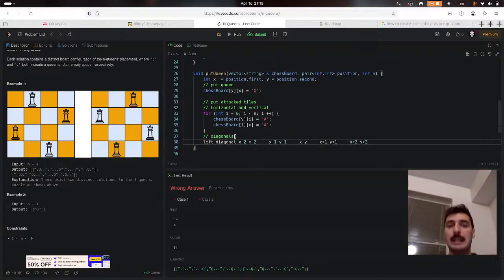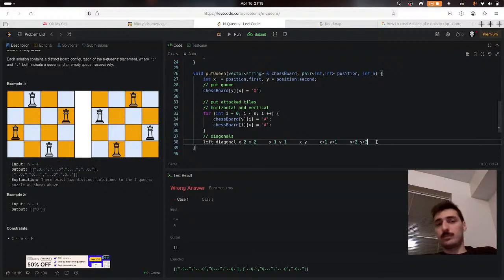All right, left diagonal is okay. How about the right diagonal?